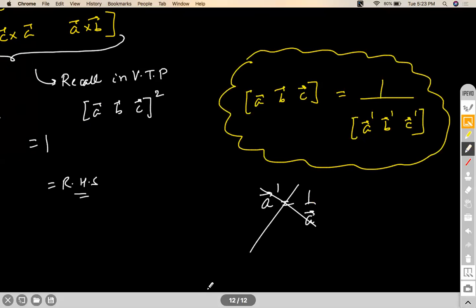Please be well informed. So this name has come because of this fact that the STP of a system of vectors and its reciprocal system of vectors are reciprocals of each other. Hence the name reciprocal system of vectors.